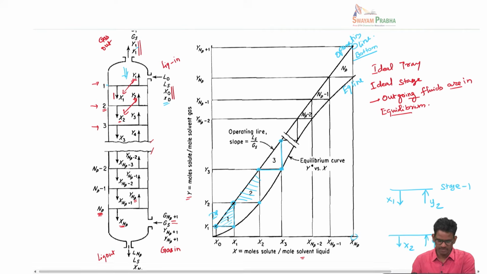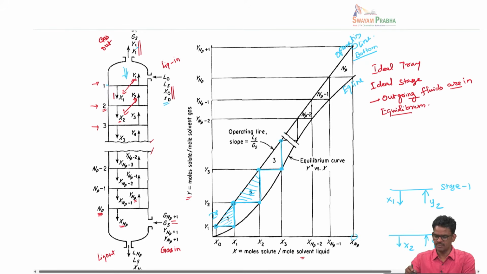Start from here, reach horizontally to the equilibrium line, and then go up and meet the operating line. That is equilibrium stage 1. Then from here you go horizontally to the equilibrium line, because we are assuming that the outgoing streams are at equilibrium, since this is a theoretical or ideal stage, and then go upwards and meet the operating line. That is stage 2.